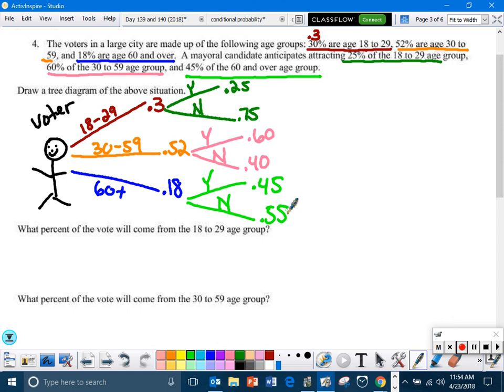All right. Now, what I'm going to do is multiply each of the branches together. So I'm going to take the 0.3 times the 0.25, and for that branch, I'm going to get 0.075.